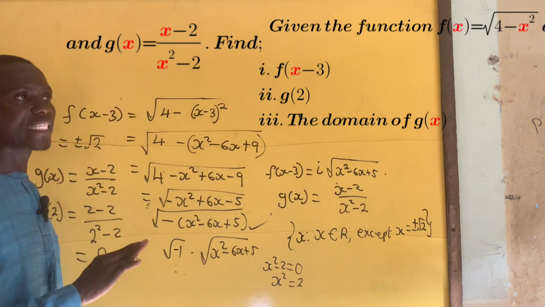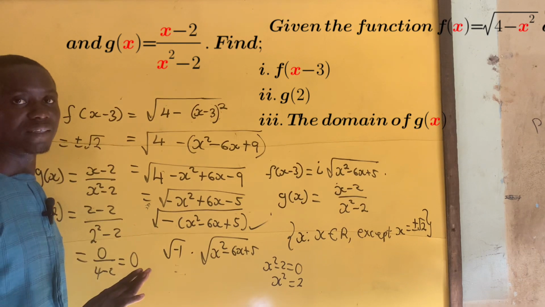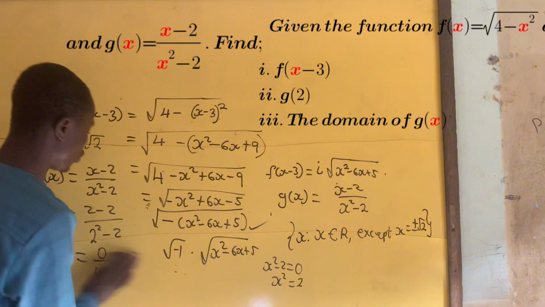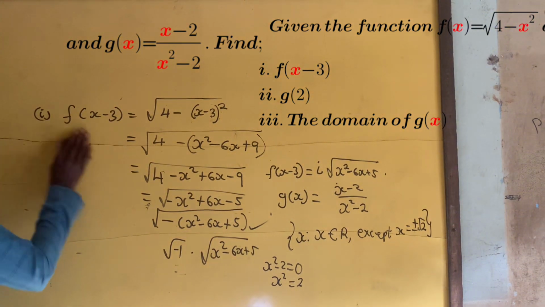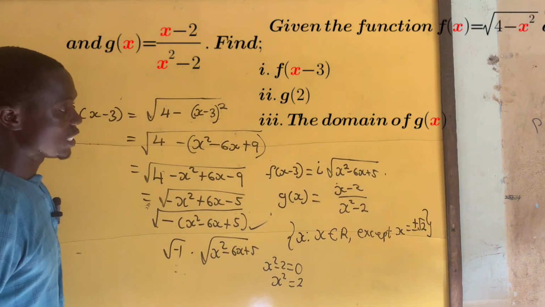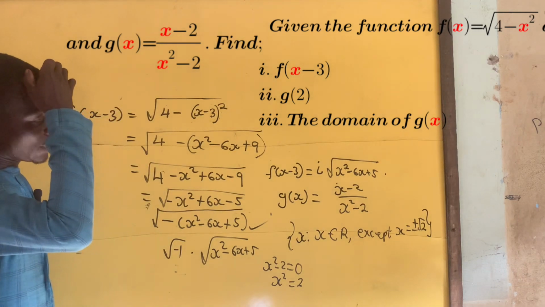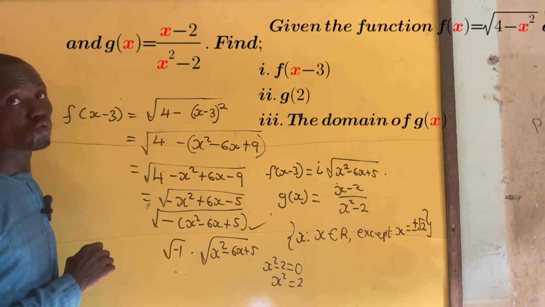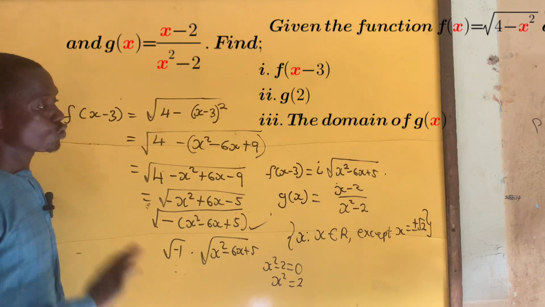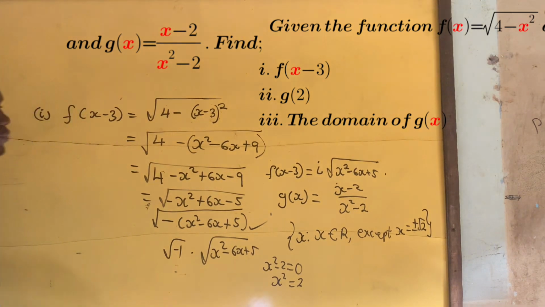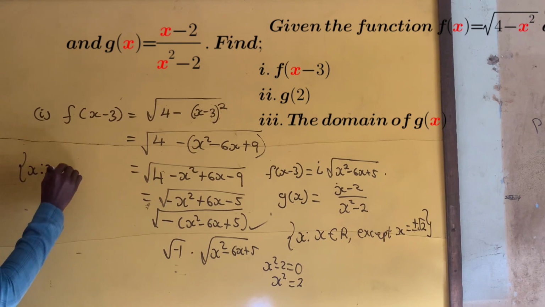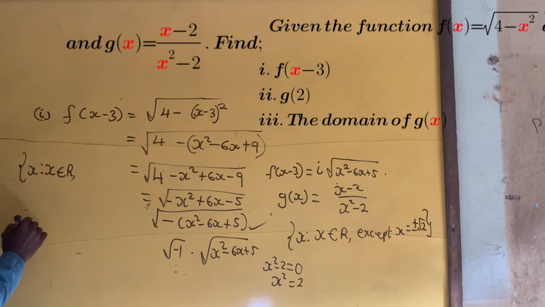We can also state the domain, the main domain without the exception. So let us state the main domain. If we want to state the main domain, then we have x squared minus 2, right? Should not be equal to 0. So you write this. x is such that x belongs to all real numbers.